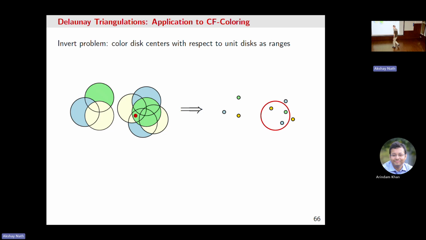Then obviously this point is contained in a disk here if and only if the corresponding point of that disk is contained in this disk. So now I'm going to color the points such that for any possible disk of any radius, at least one of the points has a unique color.